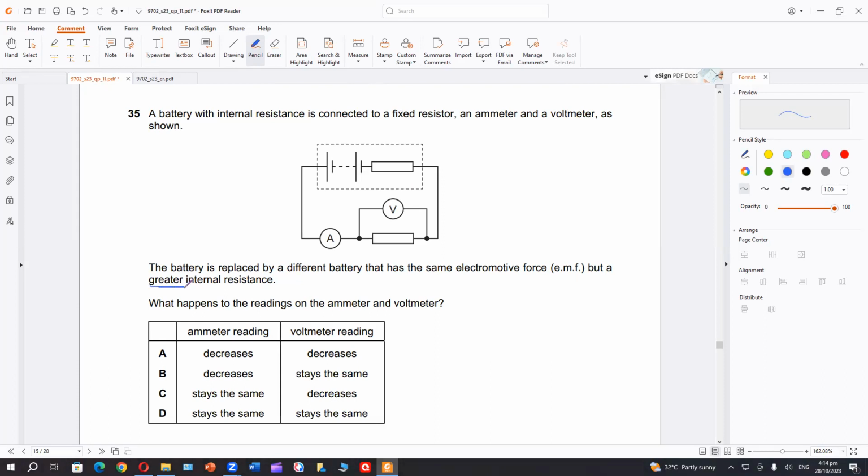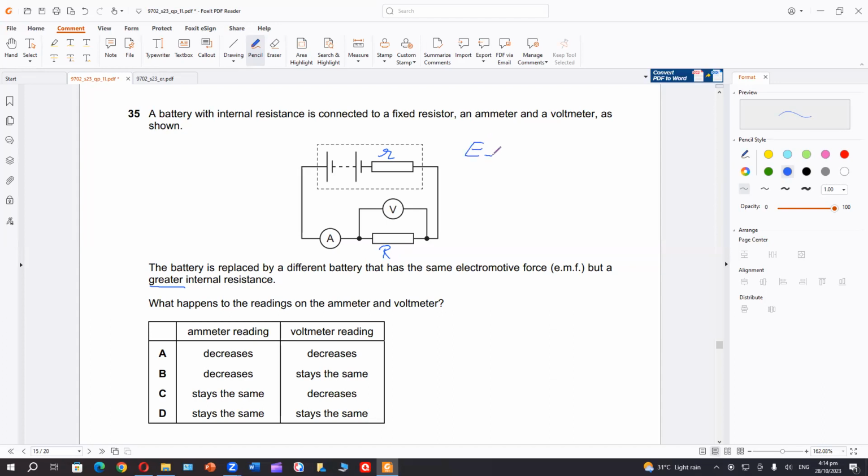What happens to the readings on the ammeter and voltmeter? A battery has some internal resistance. This is the internal resistance, and this is the external resistance. So battery voltage is the same, but the internal resistance is increased.